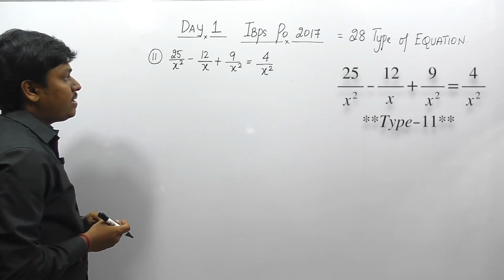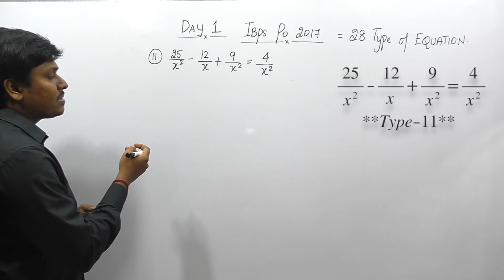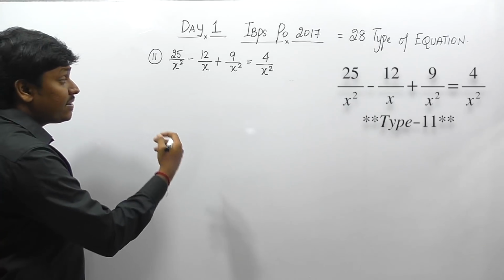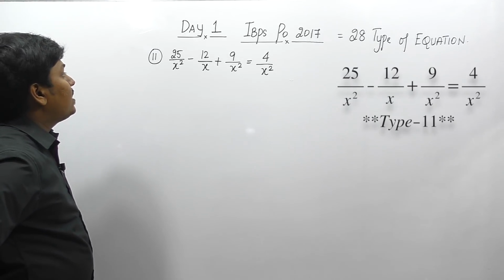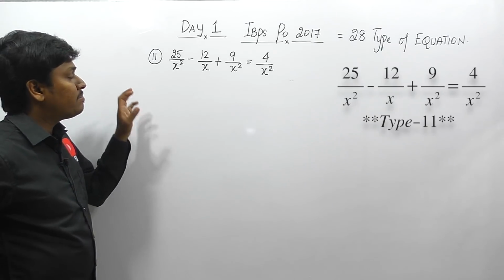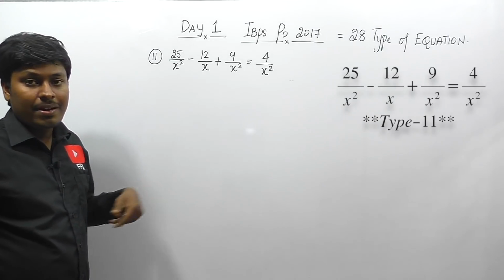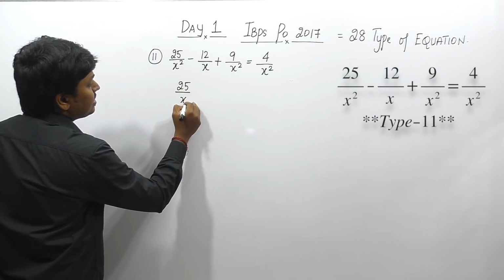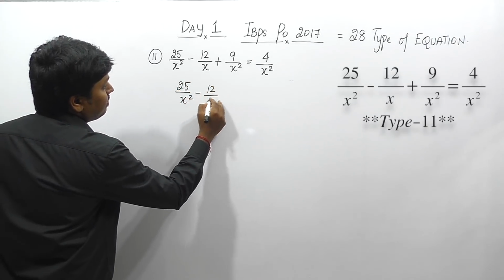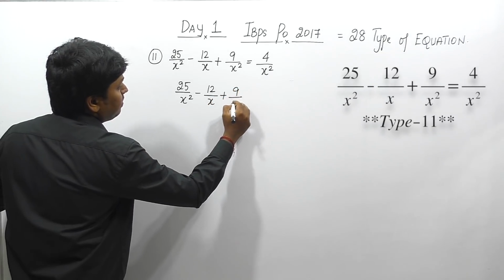Type number 11 equation: 25 divided by x square, minus 12 divided by x, plus 9 divided by x square is equal to 4 divided by x square. First of all, let me do one thing. We can simplify this equation into a proper equation, right? So this can be written as 25 divided by x square minus 12 divided by x plus 9 divided by x square.